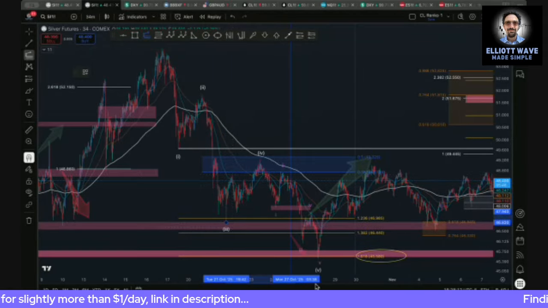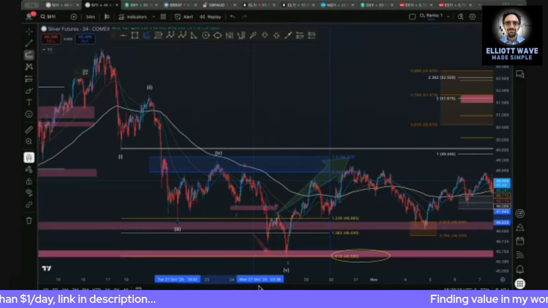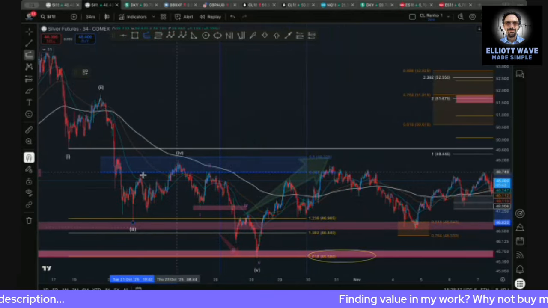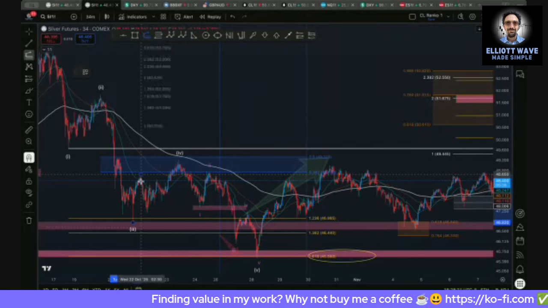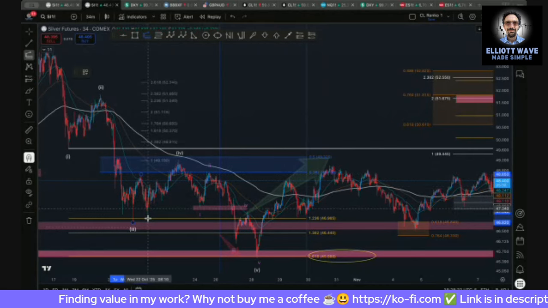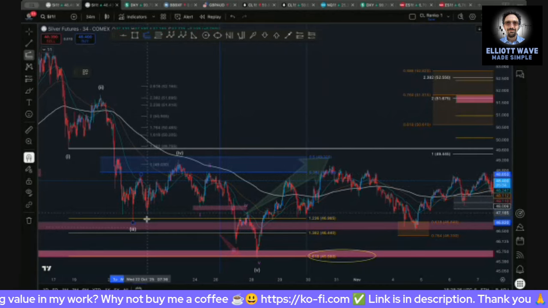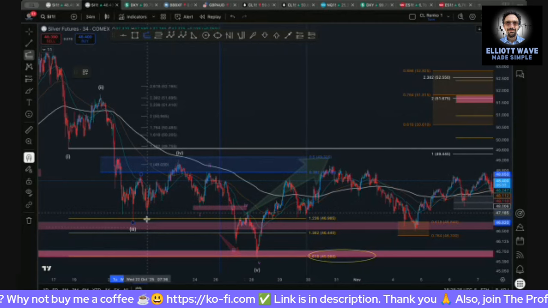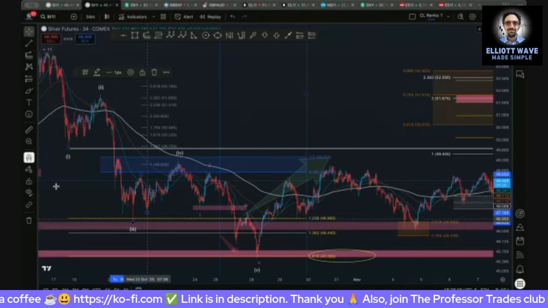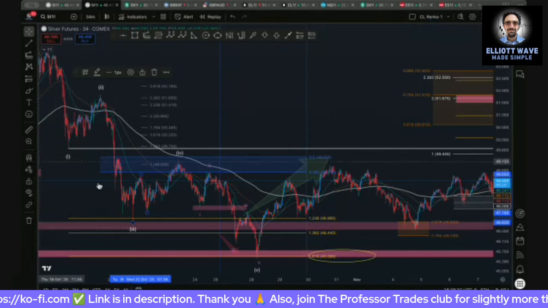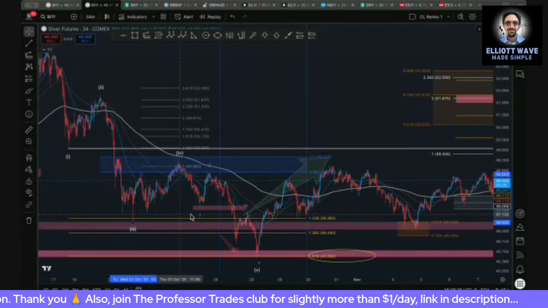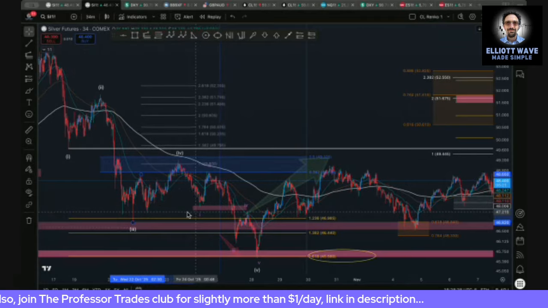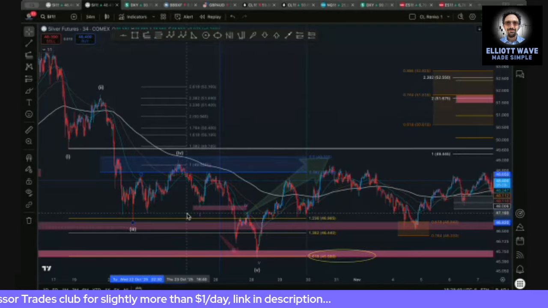Sometimes I've got the magnet on because I'm a bit of a maniac about trying to get it exactly to the penny, because I'm always amused when price often does go right to a fib to the penny, and when you're using Elliott waves you'll see that. Okay, so this is 47.185, and just for the sake of brevity I'm going to drag this over. I may not get it on exactly that level, but it doesn't matter, because for the sake of this video it's close enough. I got it to within a penny.